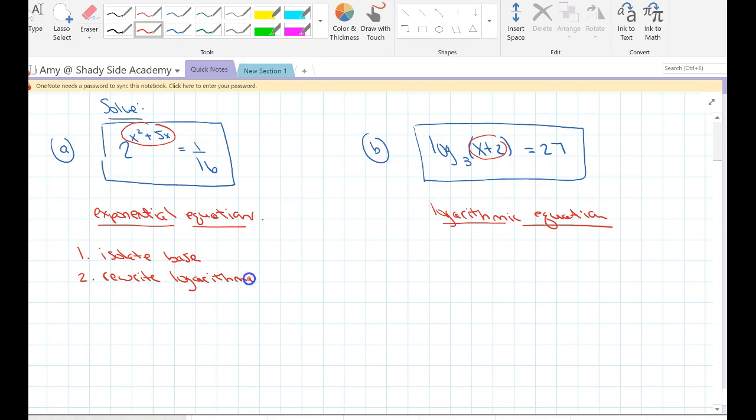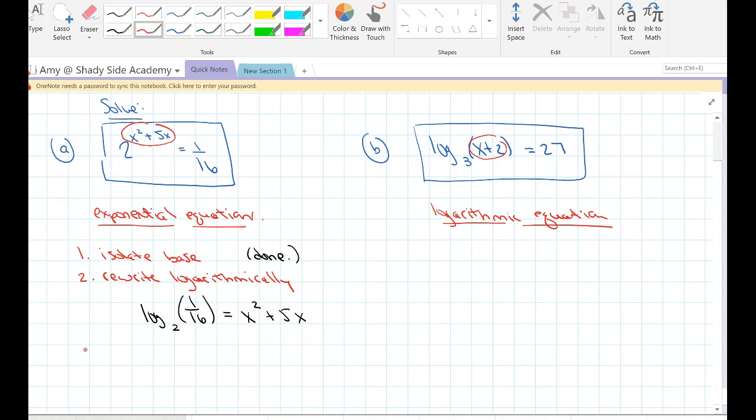Once you've isolated the base, you want to take your equation and rewrite logarithmically. I'm going to make a little note to myself here. Okay, so in the red are the steps, and in the black is going to be the work for this particular question. So you isolate the base, rewrite logarithmically. That in this case means this: log base 2 of 1/16 equals x squared plus 5x.